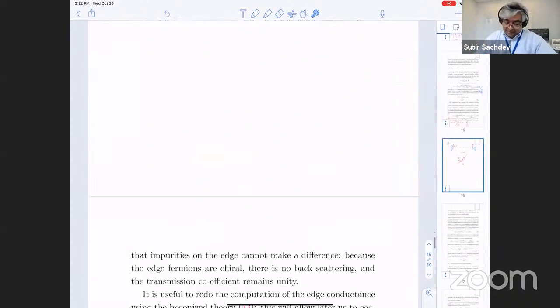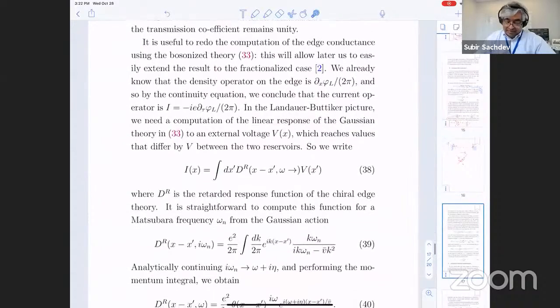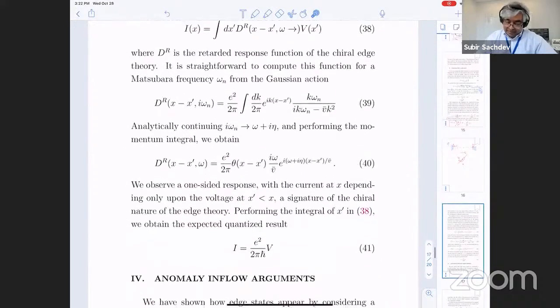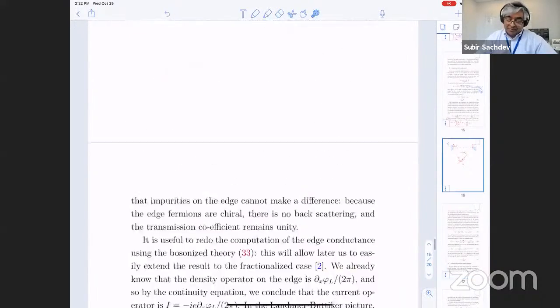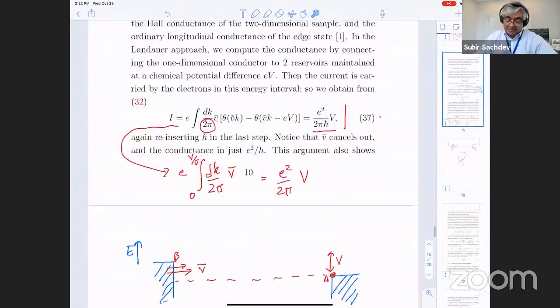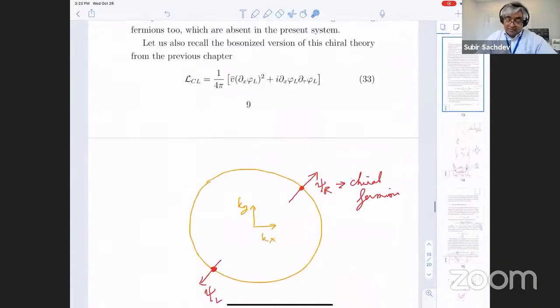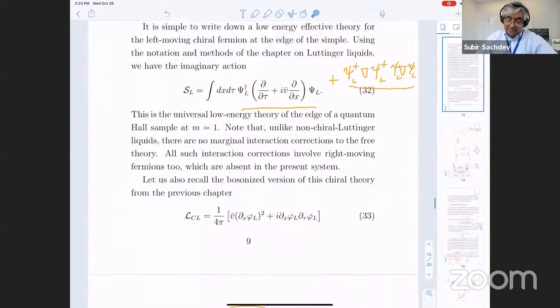All right. Then, what else do I have to say about the integer quantum Hall effect? This is just preparing for when we get to the fractional case. Maybe I'll spend a little bit more time on it then. So we've done a calculation of the conductance using this theory for the edge. And it's a perfectly good theory because it is the actual simplest way of understanding what's happening at the edge.